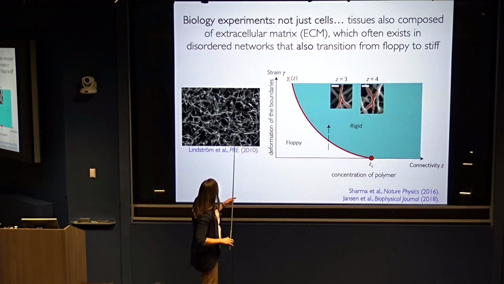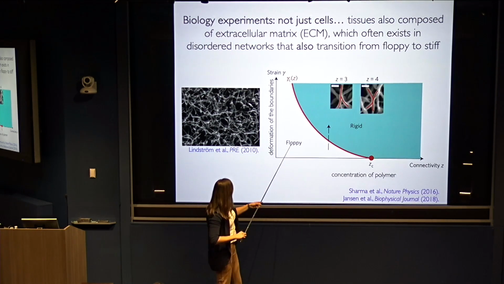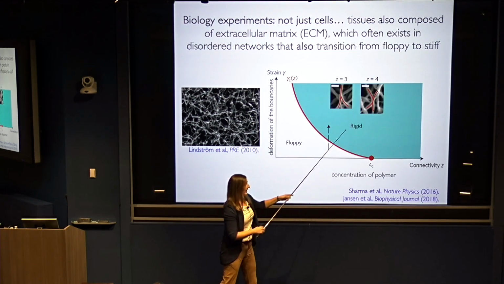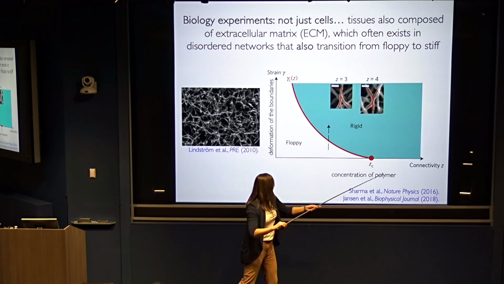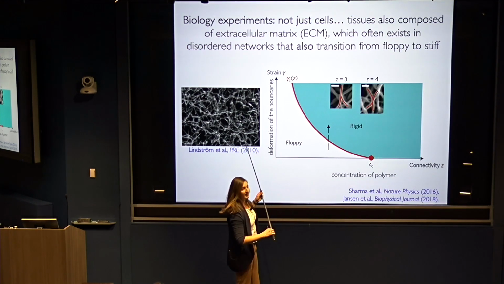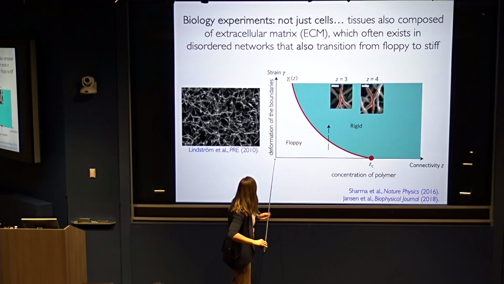And interestingly, some of those types of things are called extracellular matrix, and a lot of them also go from floppy to rigid, and they do so either by changing the concentration of the polymer that makes up these networks, or actually, and this is the cool part, deforming the boundaries.